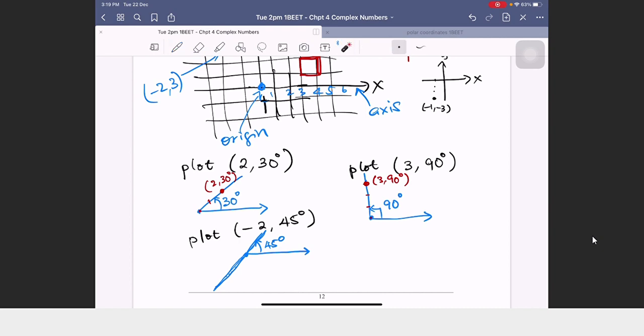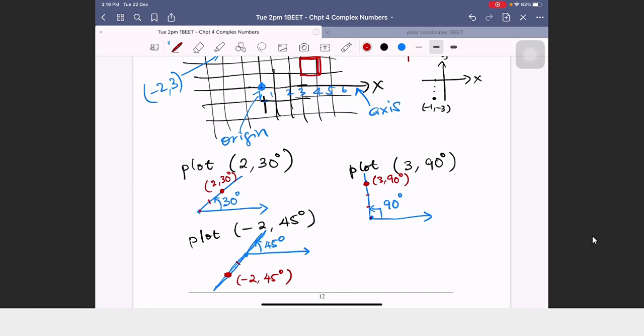Then from the pole, measure 1, 2. So that is the location for -2, 45 degrees. That's how we plot.